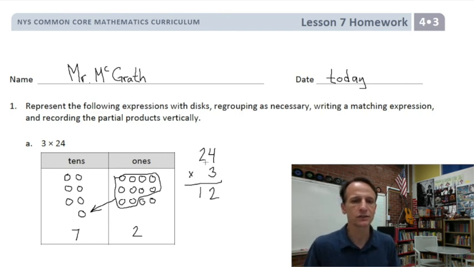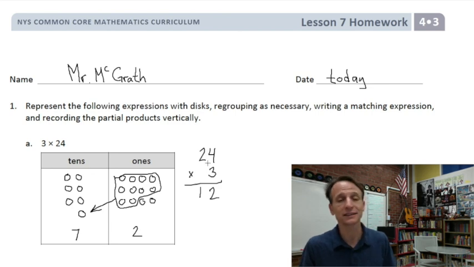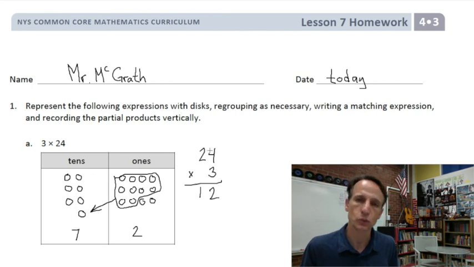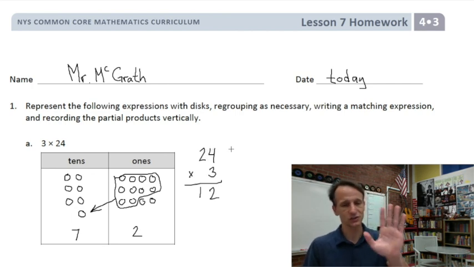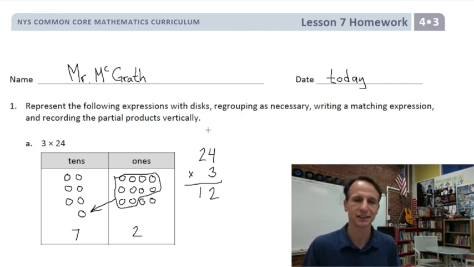Now here, the value of this 2 is not 2. All right, it's in the tens place. Its value is 20. So what is 3 times 20? Well, we learned, I'll do this just once here, in our last lesson that we can think of 3 times 20, using the distributive property, as 3 times 2 times 10, right?